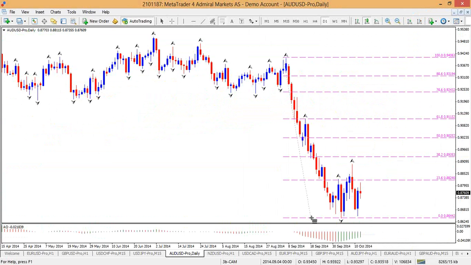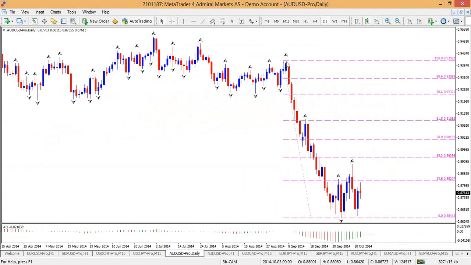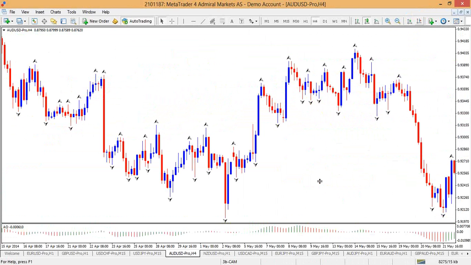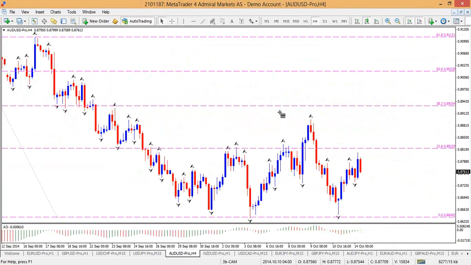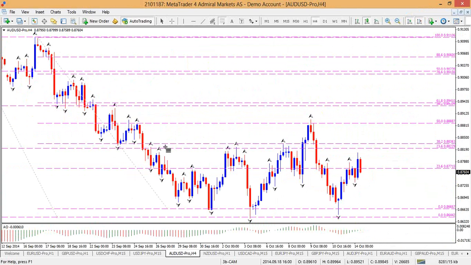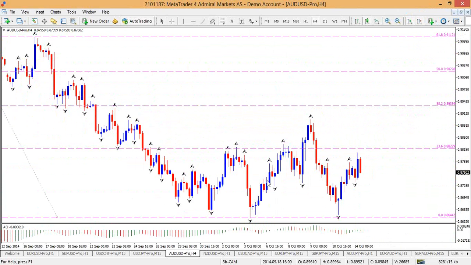This is a 23.6 fib indeed. And the 4-hour chart, a 70 fib maybe from here. Not sure. Well, yeah, I definitely think it's bearish in the long term. But the question is, how far this can last.